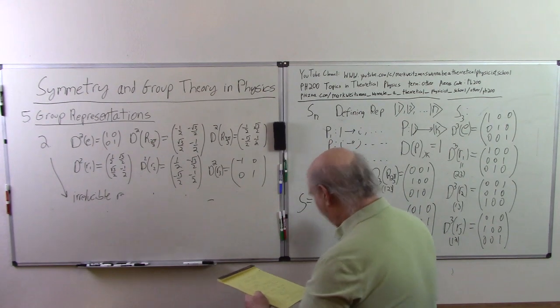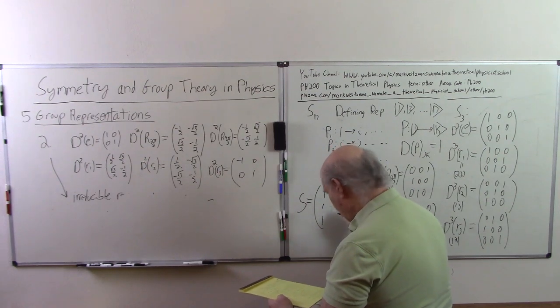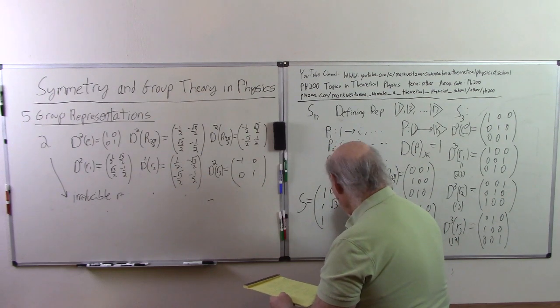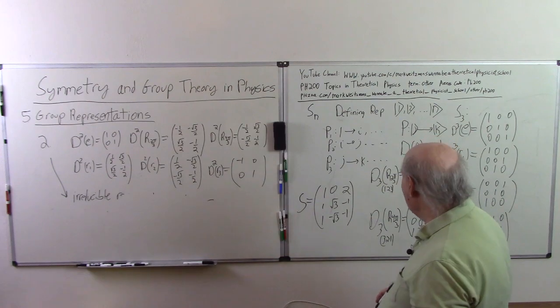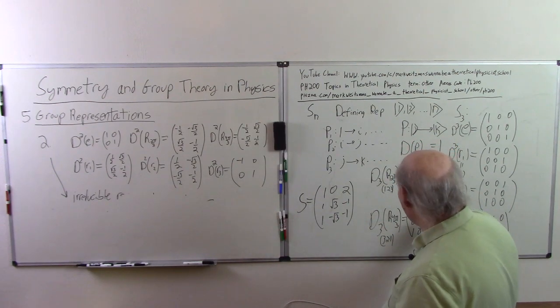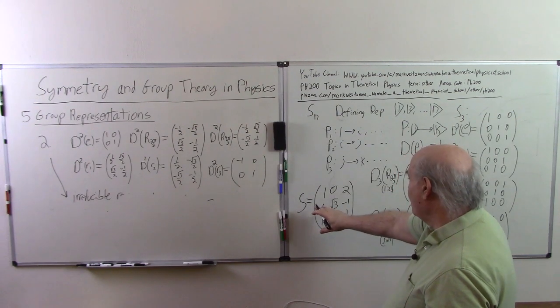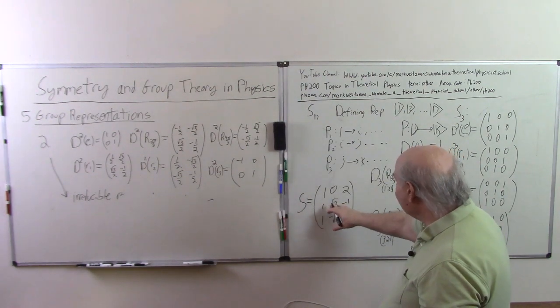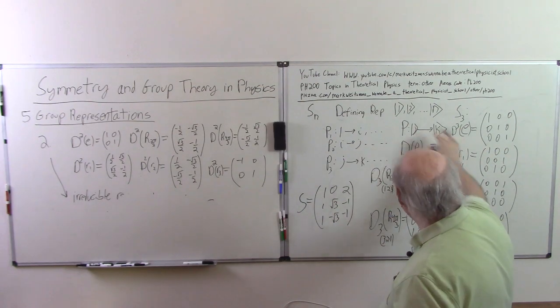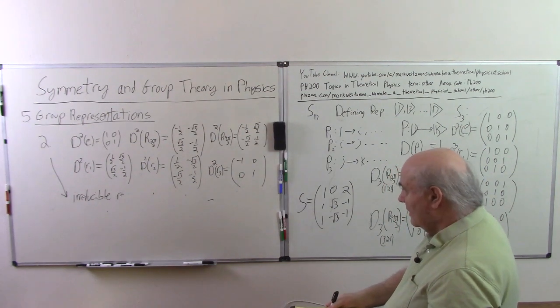Literally, if I define S as 1, 1, 1, 0, 2, square root of 3, minus 1, minus the square root of 3, and minus 1, then using that formula, S inverse times each of these matrices times S, you can get the reduction. This is something you can work out on a computer using a computer algebra system. It's a lot of work, but this actually reduces this representation. And I just want to show what the reduction is.